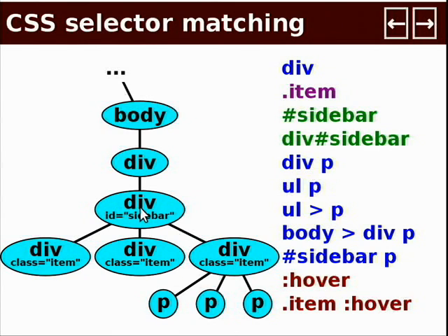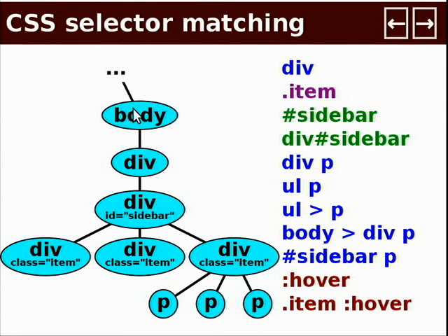But this div doesn't match the next part. So since the body div relationship is a child relationship, you have to backtrack and try to match this div against the middle part. That succeeds, but this fails to match body. Backtrack, match this against div, and finally you get a match the third time. So that's the unoptimized case.